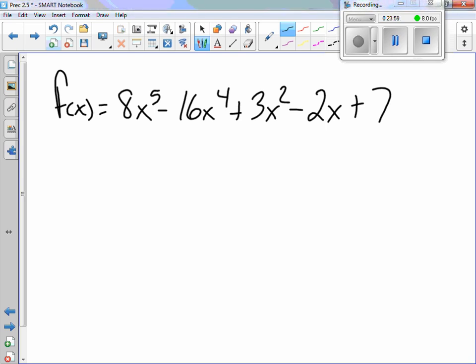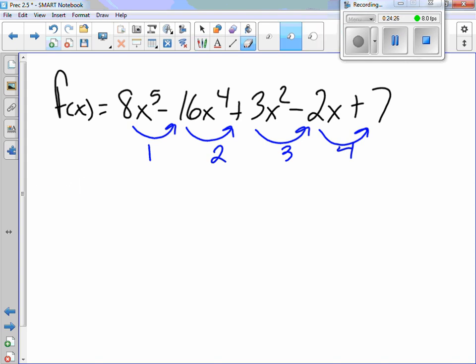When we're using Descartes' rule of signs, we don't need to add them in. So let's look at this here for positive. From here to here, did we change signs? There's 1. So far, positives we can have 4.